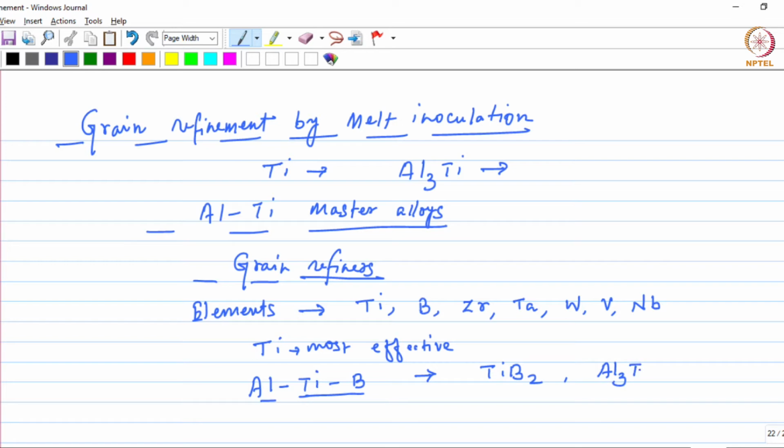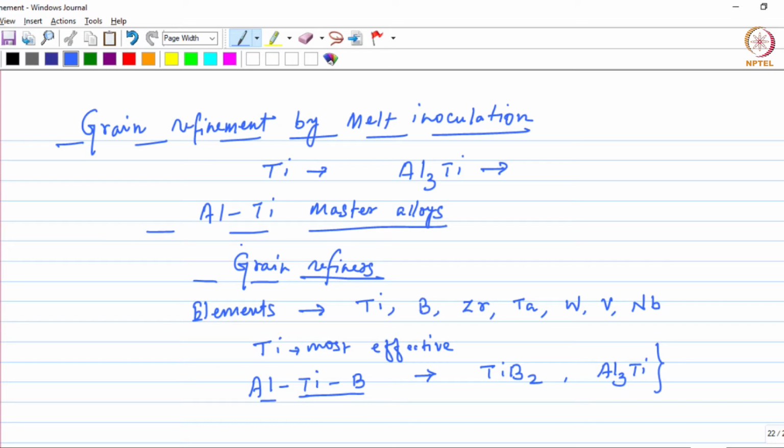Okay. So now that you have both of these particles, you can expect a higher nucleation rate or more effective nucleation. And as a result of that, you can expect the ternary alloys to be more effective compared to the binary ones.